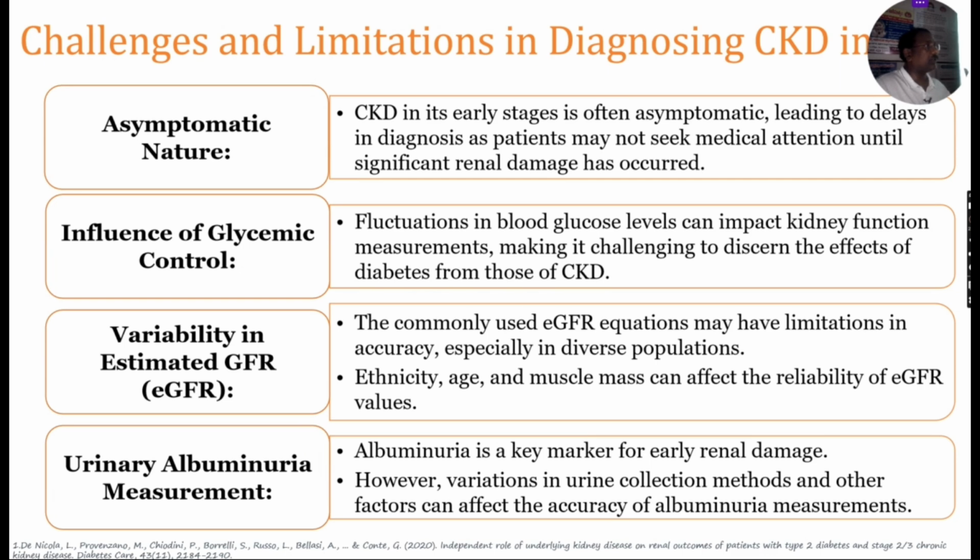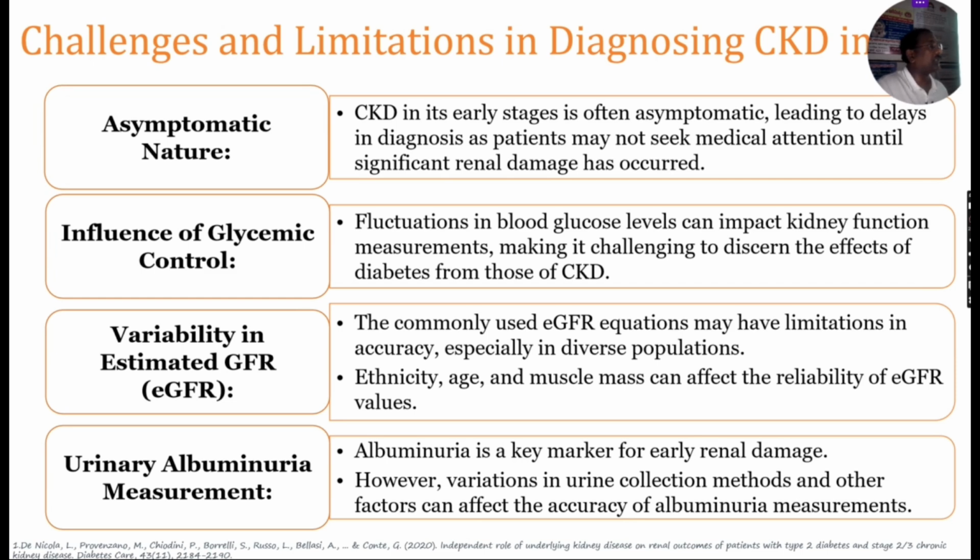Stage 3 means 30 to 60, stage 4 means 15 to 30, and stage 5 is less than 15. I've seen some people who are asymptomatic even at a creatinine level of 8 or 9. Another day, maybe 2 months back, I saw one patient with creatinine 12.5. We did creatinine 3 times, and the patient is asymptomatic.